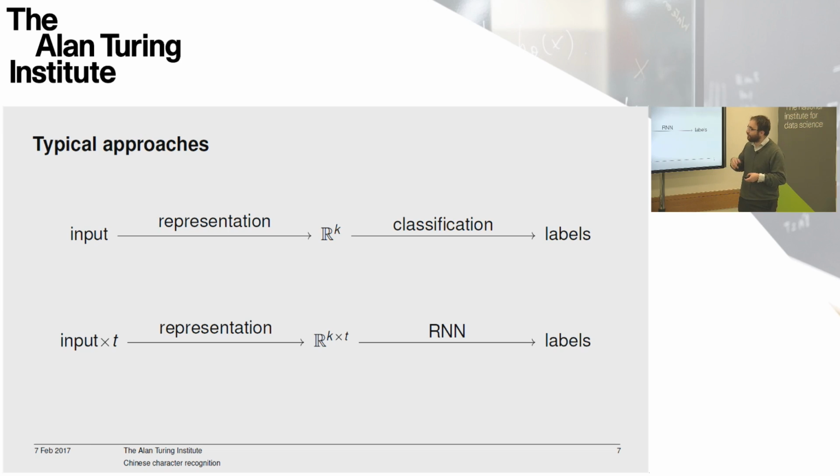If you think about the data in general in a machine learning problem, if you're trying to match a set of labels from a set of data, you might think about there being two steps.